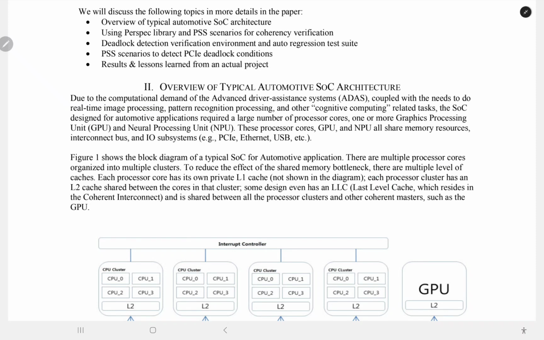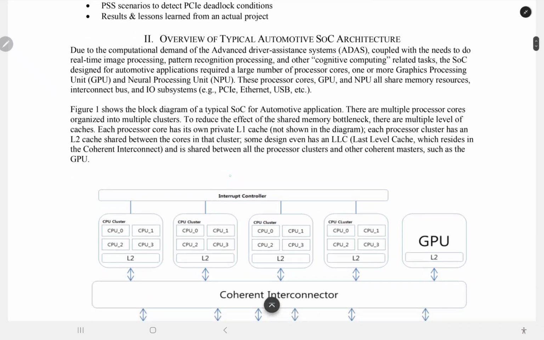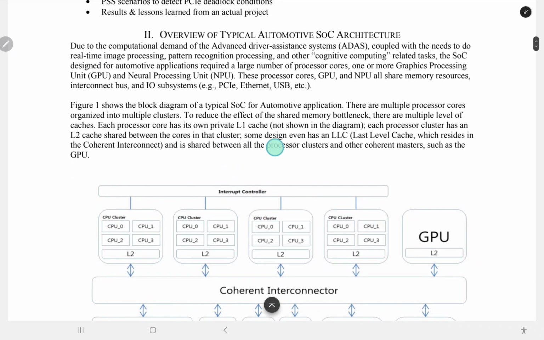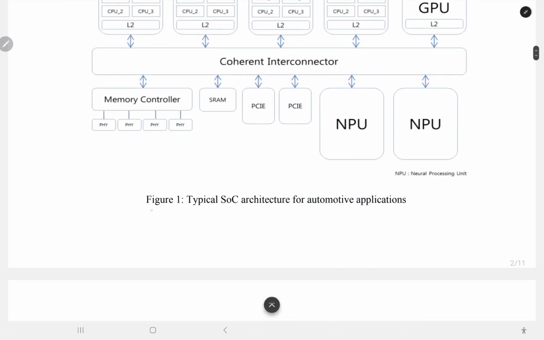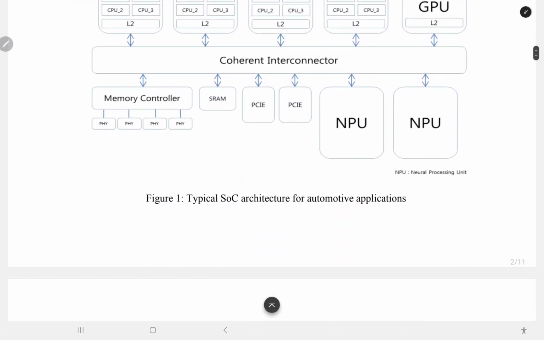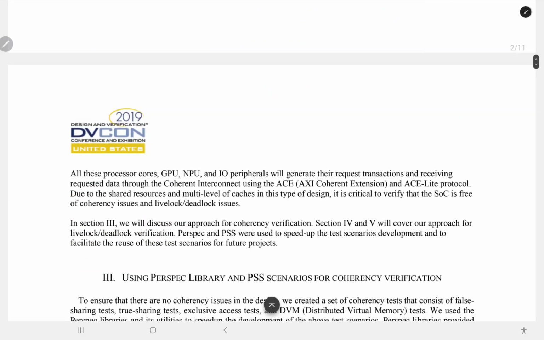Each processor cluster has an L2 cache shared between the cores in the cluster. Some designs even include an LLC, last level cache, which resides in the coherency interconnect and is shared between all processor clusters and the other coherency masters, such as the GPU. Figure 1: A typical SoC architecture for automotive applications.